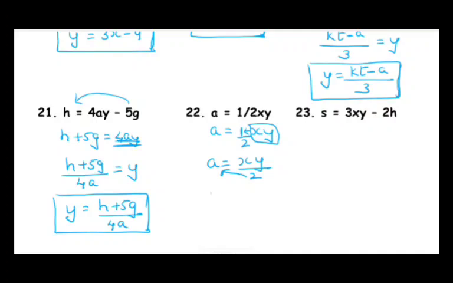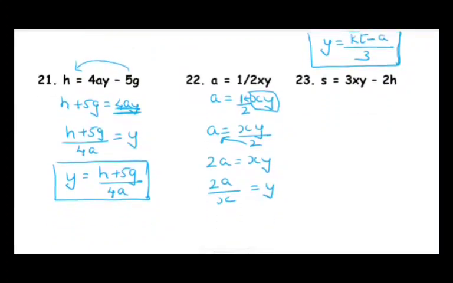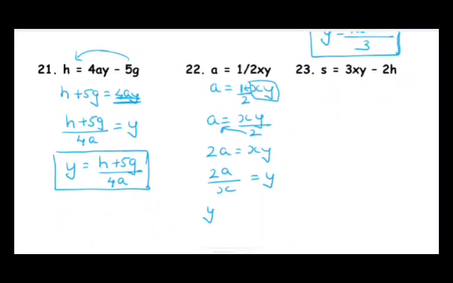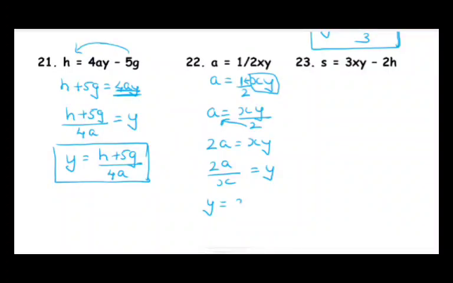Shift the 2 next to a, becomes 2a is equal to xy. Break the x and y bond. X comes in the denominator. Y stands alone. Y is equal to 2a upon x.